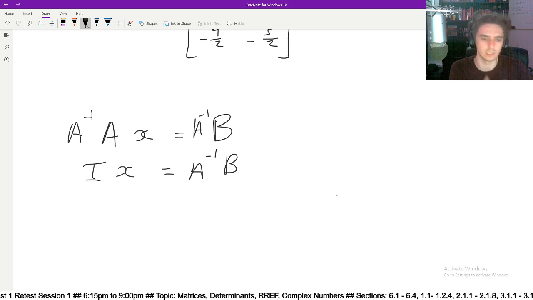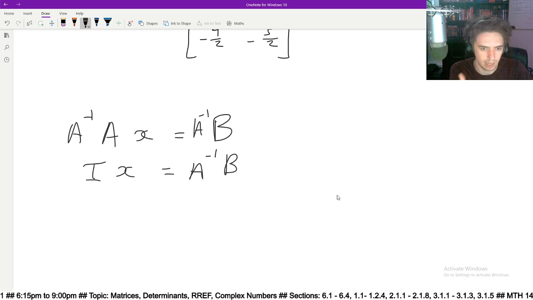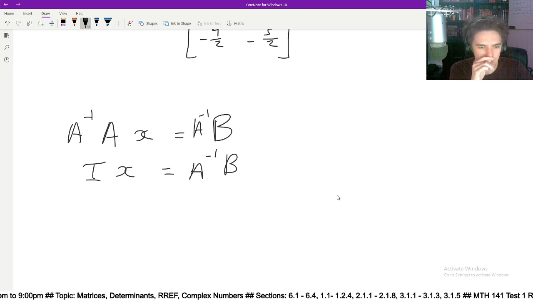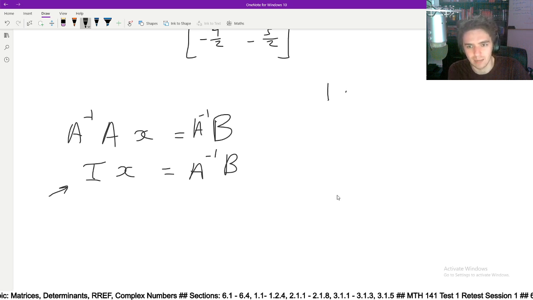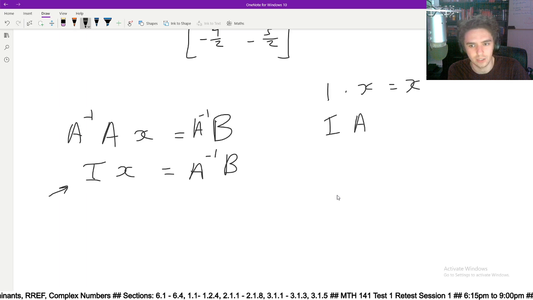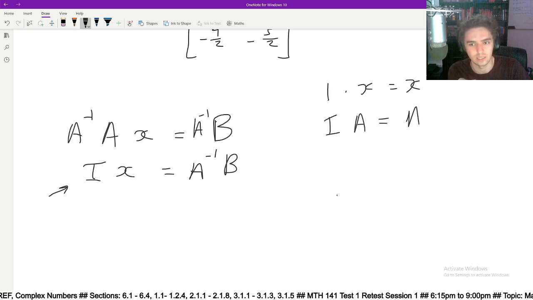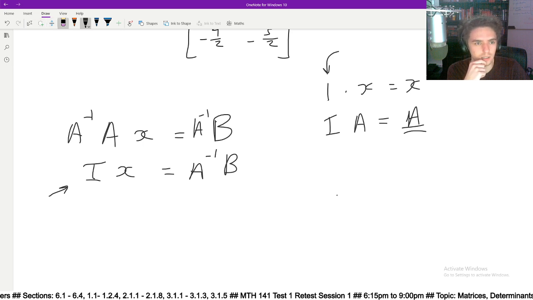And in this case X is also a matrix. The identity matrix is just like in multiplication, 1 times X equals X. The identity matrix times some matrix of the same size is just equal to that matrix.